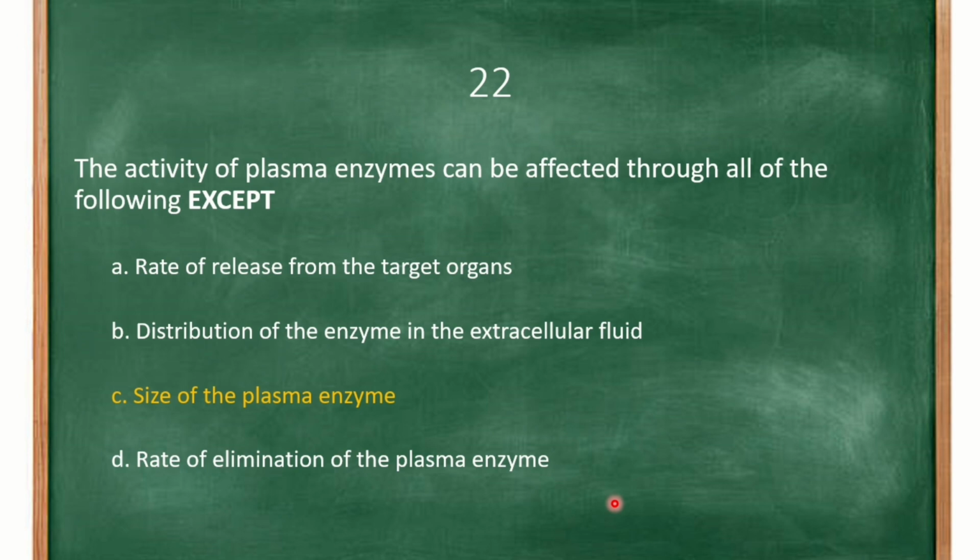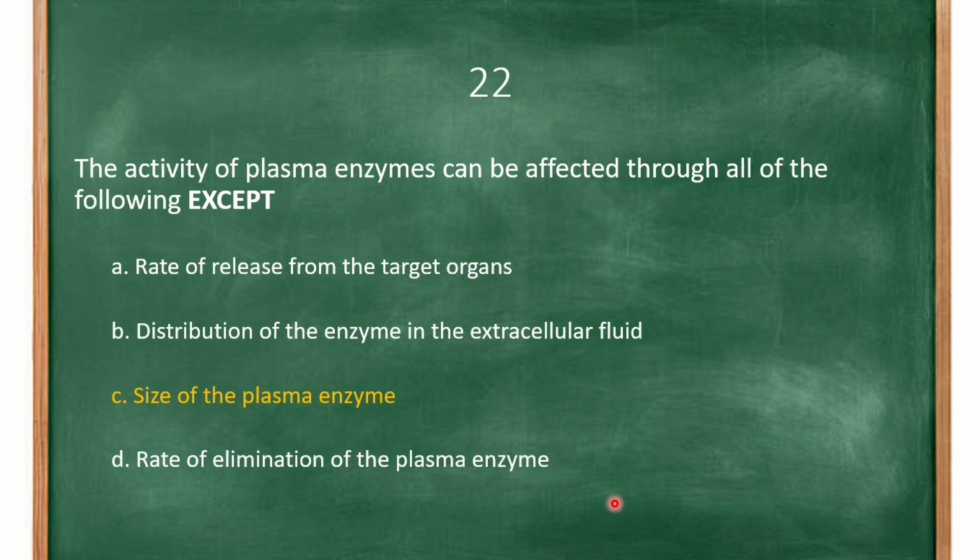If you look at the options, the rate of release of an enzyme from the target organ can really affect the activity of the plasma enzyme. The distribution of the enzyme in extracellular fluid also can affect it, since it shows how much of it will be available. But the size of the enzyme does not really matter here.